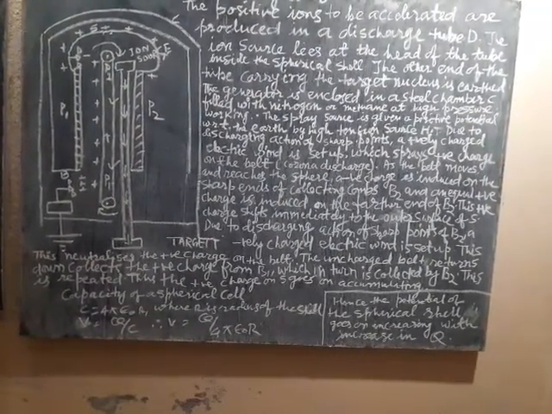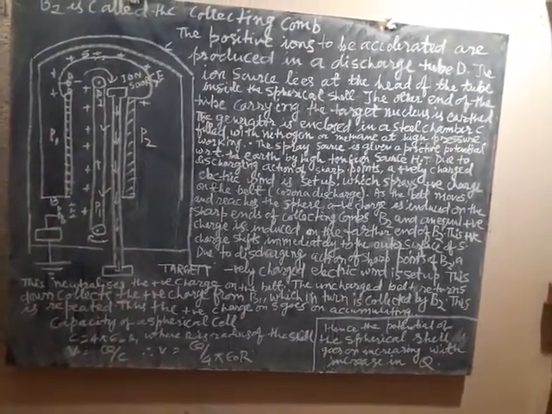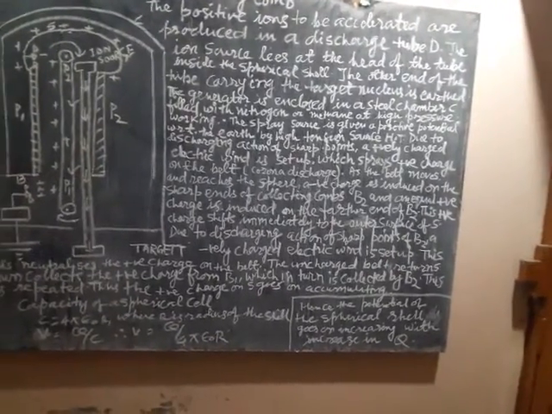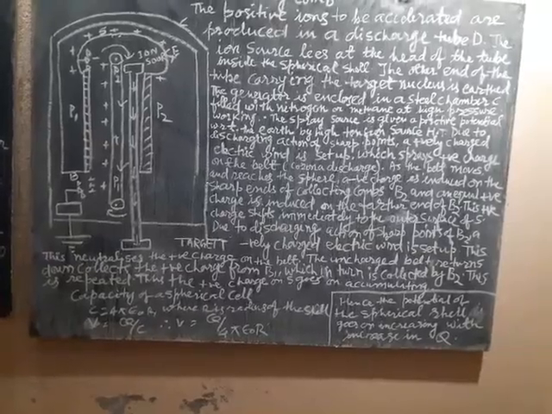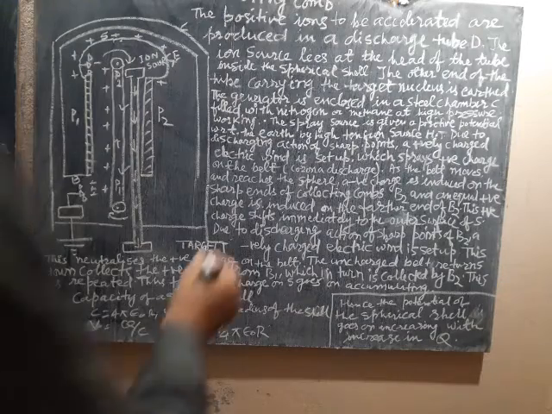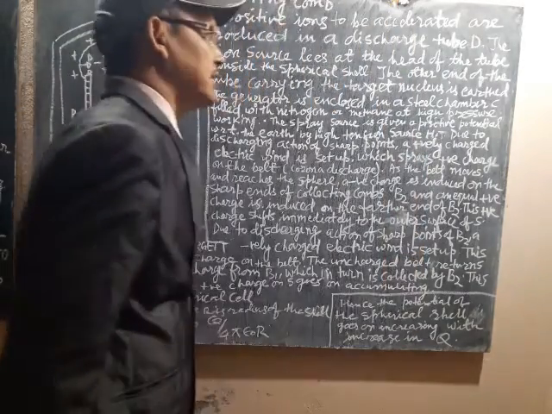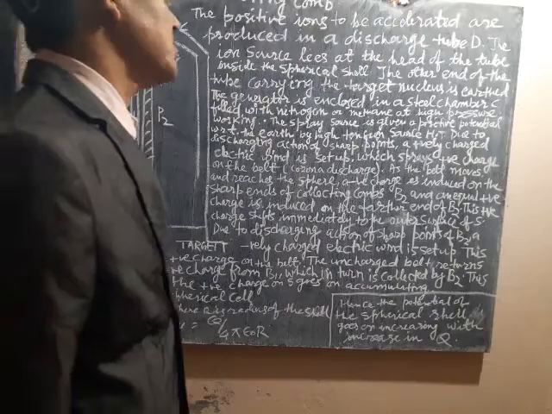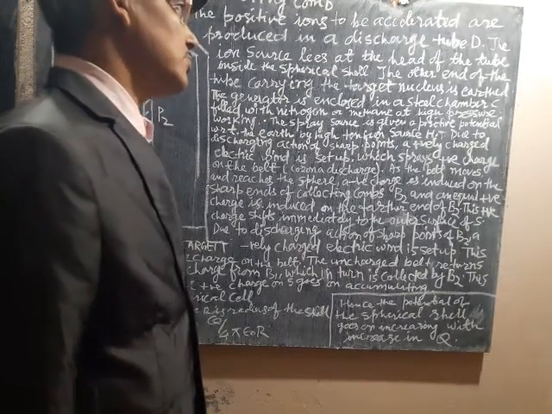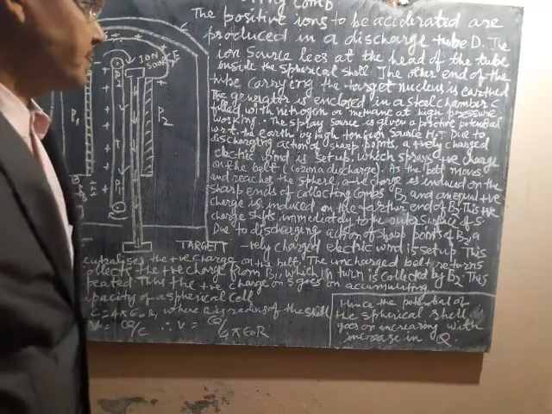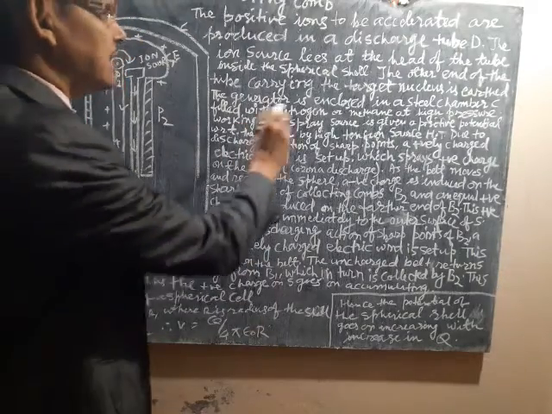Next, the positive ions to be accelerated are produced in a discharge tube D. You know about acceleration, so positive ions to be accelerated are produced in a discharge tube D. The ion source lies at the head of the tube inside the spherical shell.